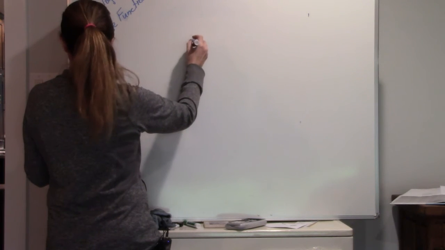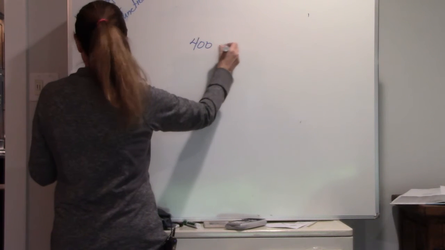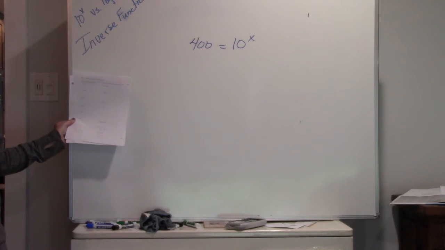Okay, so this is number 13 on page 106. So I have 400 equals 10 raised to the x power. So again, just like with the natural log and the natural number, if you start with an exponent, change it to a log to solve. If you start with a log, change it to an exponent to solve.